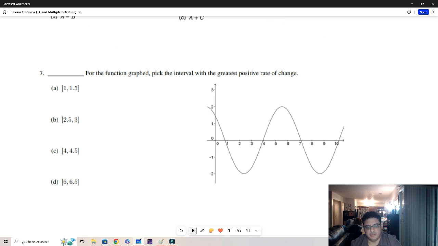So the changes in concavity are occurring here, and they're occurring here, right? They're occurring here as well, and they're occurring here. Those are the points with greatest rate of change.